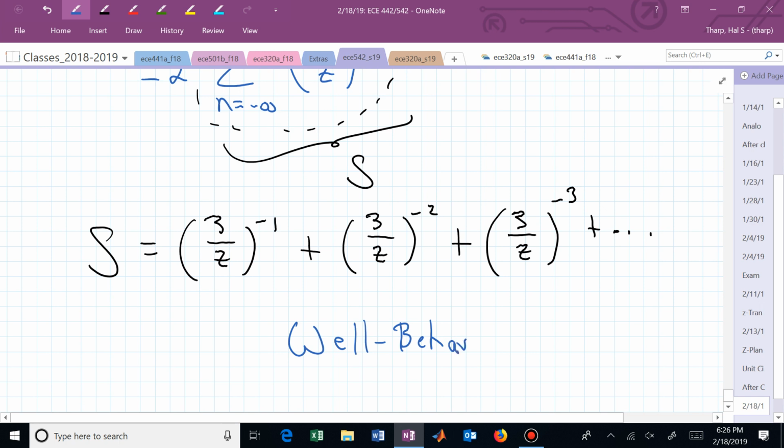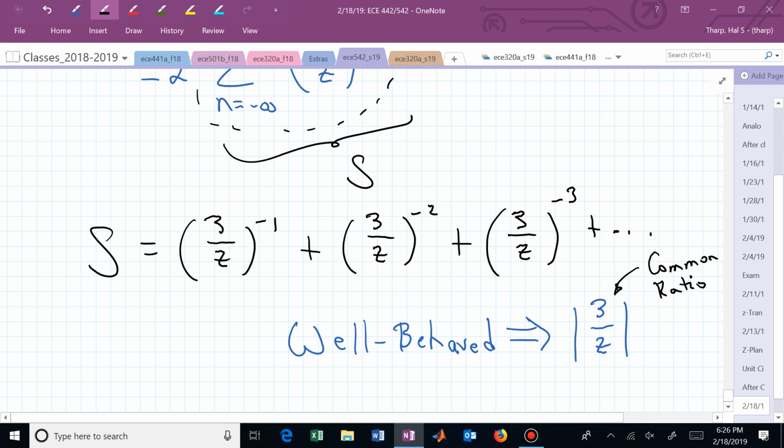I'm doing this a little differently than we've done before, just hoping that maybe one of these ways of doing it you like, and that's what you'll stick with. In this case, what do we want to know or have happen for the magnitude of 3 over z? That's our common ratio in all of these terms.